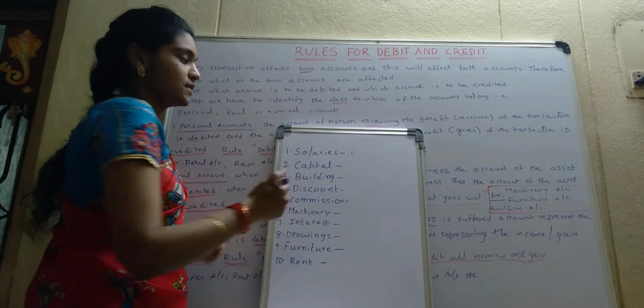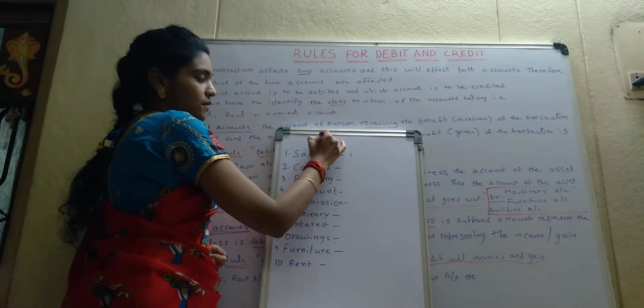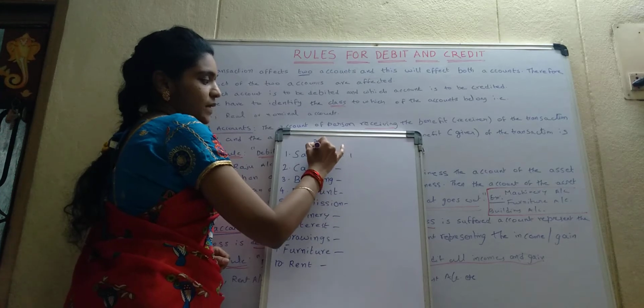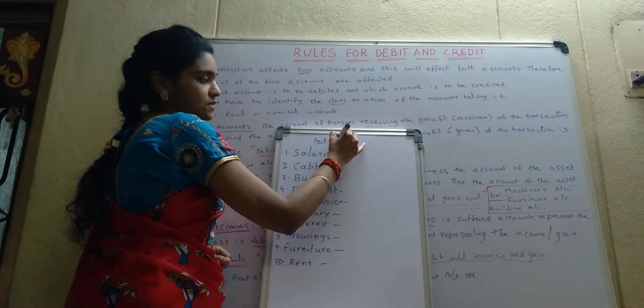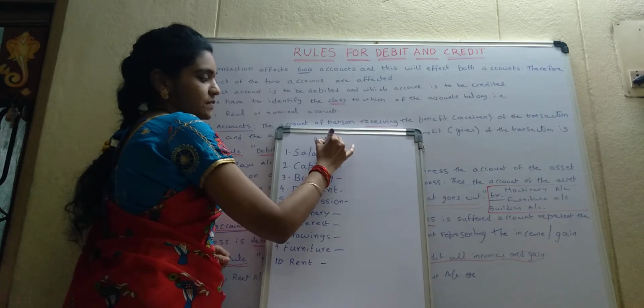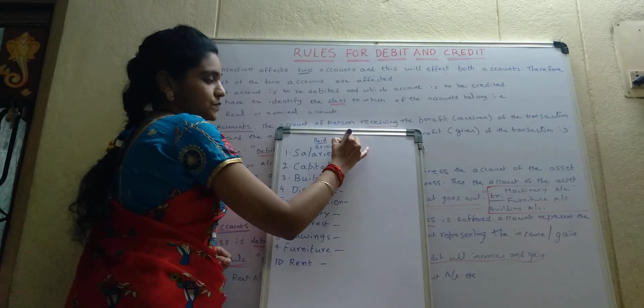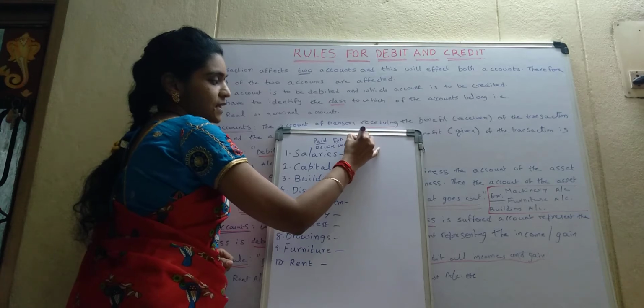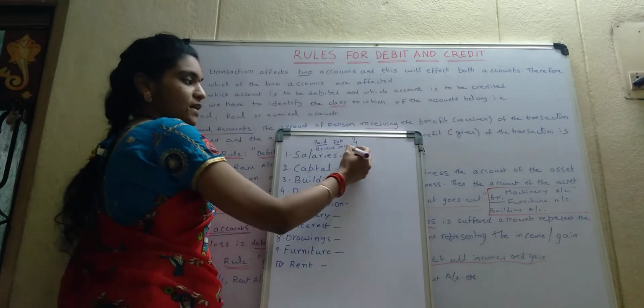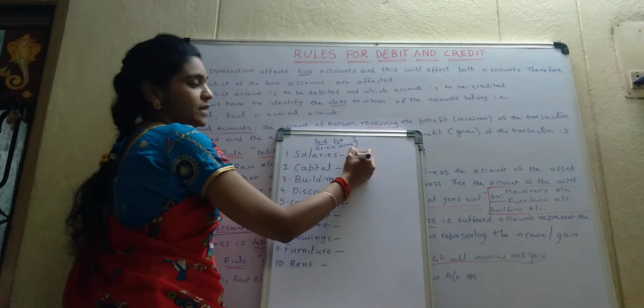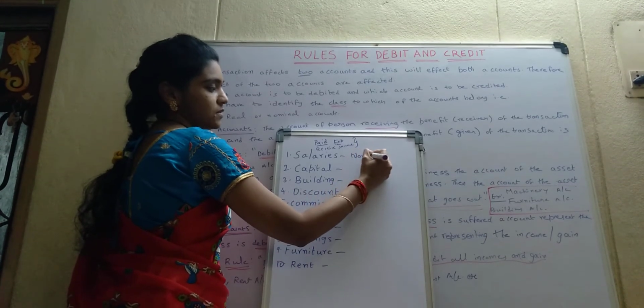It may be salaries paid or salaries received. If you pay salaries, it's an expense. If you receive salary, it means income. Expenses and income come under which account? Nominal. Very good.